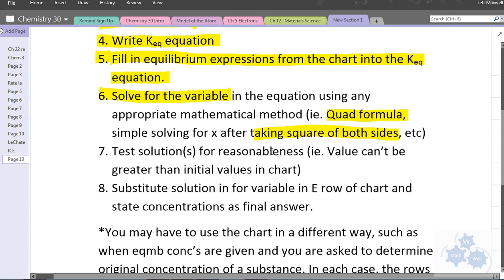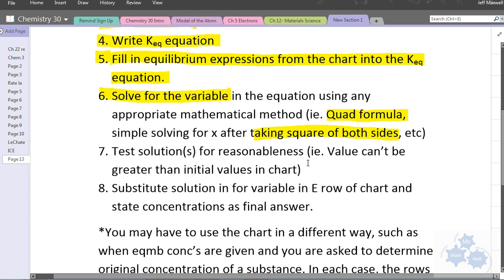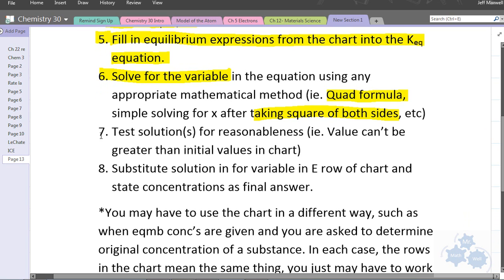If one of the answers was greater than the concentration you started with, and you have to subtract that, you're going to end up with a negative concentration. That's the one you reject. You don't use that one. So just check that it's reasonable. You can't go into negative concentrations, right? All right, so that's number 7. Test your solutions, or just check. And of course, what I just mentioned, the value can't be greater than the initial values in the chart.